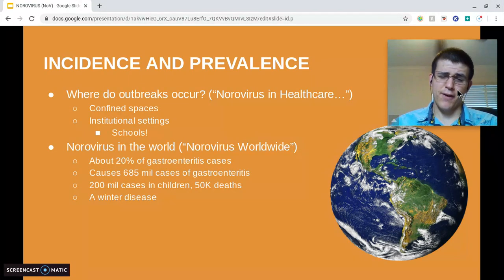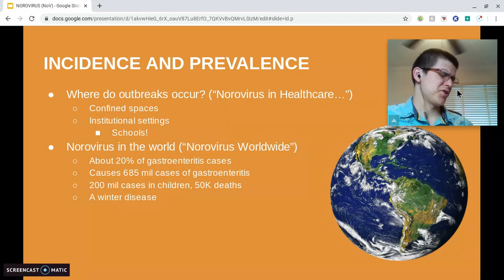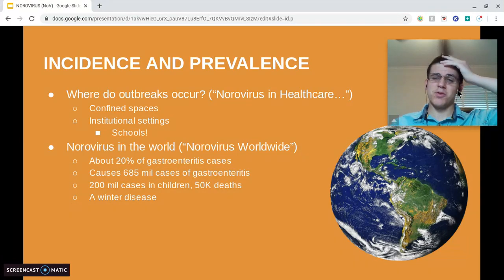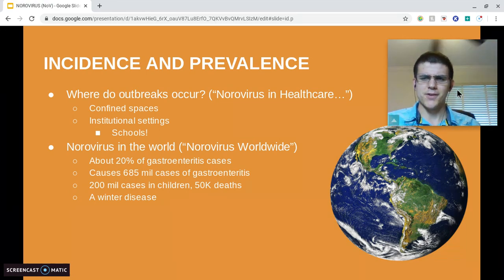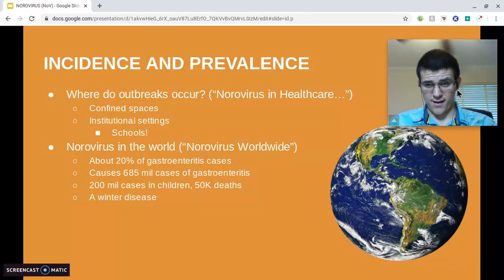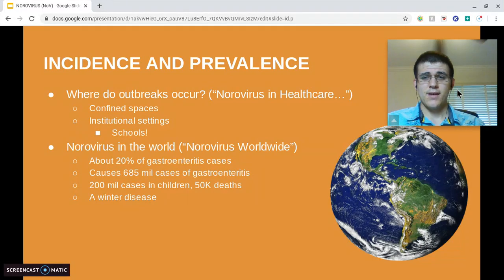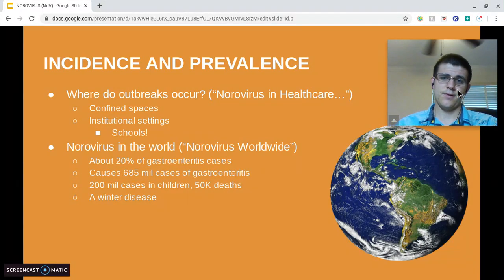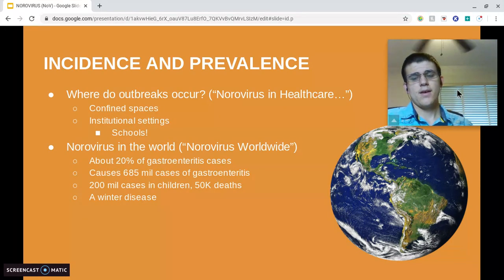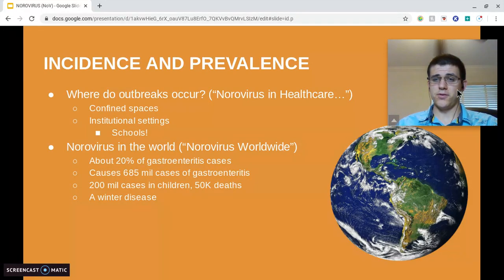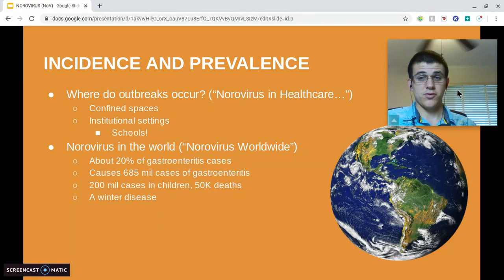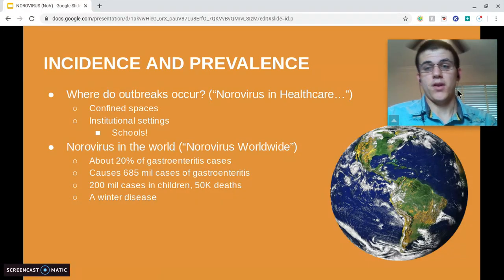So if we look at the effect of norovirus on the world, it actually causes 1 in 5 gastroenteritis cases, which is pretty crazy because there's a lot of diarrheal diseases out there. So that's a large number. 685 million get norovirus or gastroenteritis. About a third of those are children, and 50,000 of those children will die from the complications.